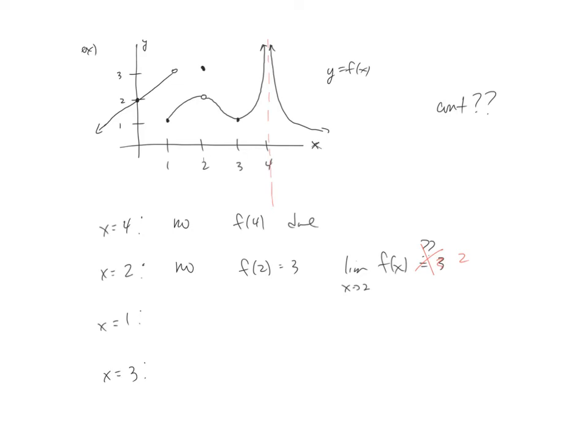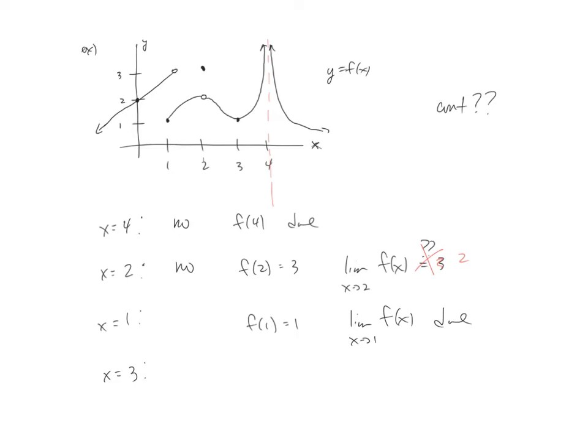Okay, so how about x equals 1? For x equals 1, you can see that f of 1 would equal 1. We can also see that the limit as x approaches 1 of the function does not exist. Why does it not exist?